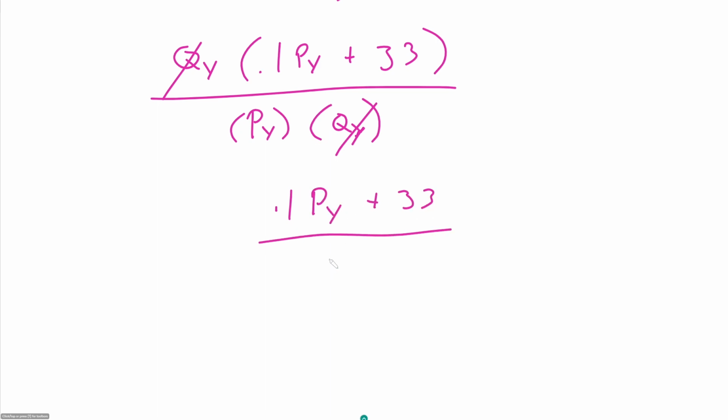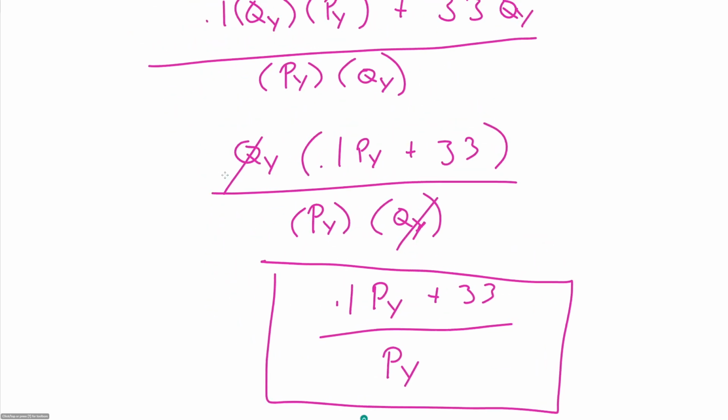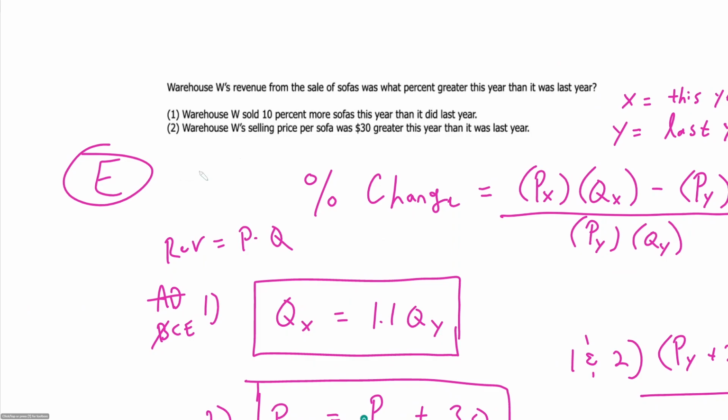We cannot get it to cancel out. So this is as far as we can go. This means the value for our percent change is still dependent on the value for our price last year, and the value will change when that price changes. So it's still insufficient. And as we said before, E is our answer.